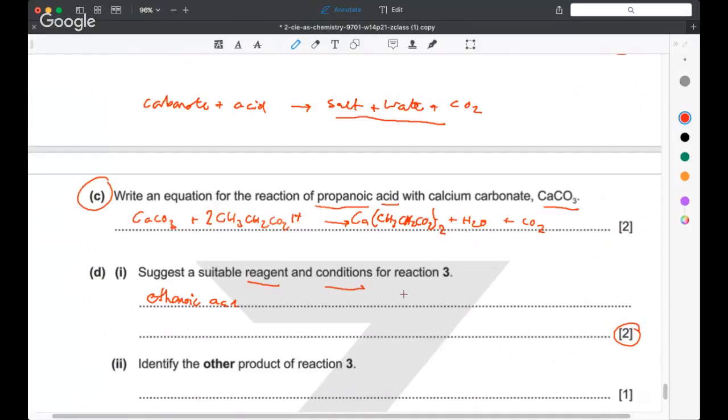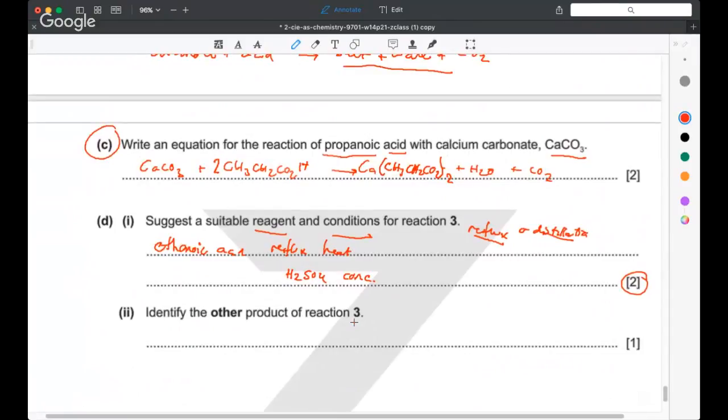And so is this going to be done with reflux or distillation? There's no reason to separate out a product as it forms, we can just use reflux. And to make the reaction proceed under reflux, we're going to need to heat it. And the other condition here is that you're going to need some concentrated sulfuric acid, and that's just something that you have to learn.